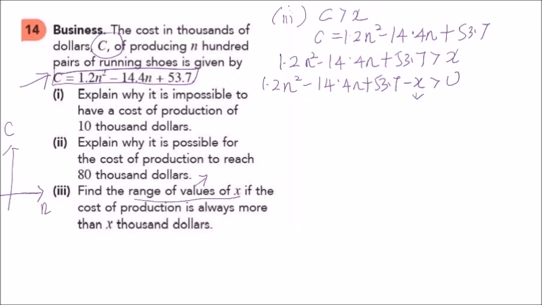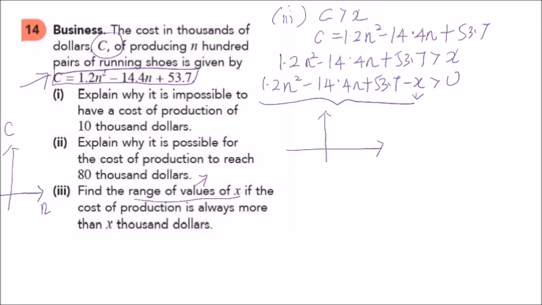Okay, so if you were to sketch the curve, what we are saying is that we want a curve such that the values of C are always more than 0. So the C is just like your letter y that you always deal with.